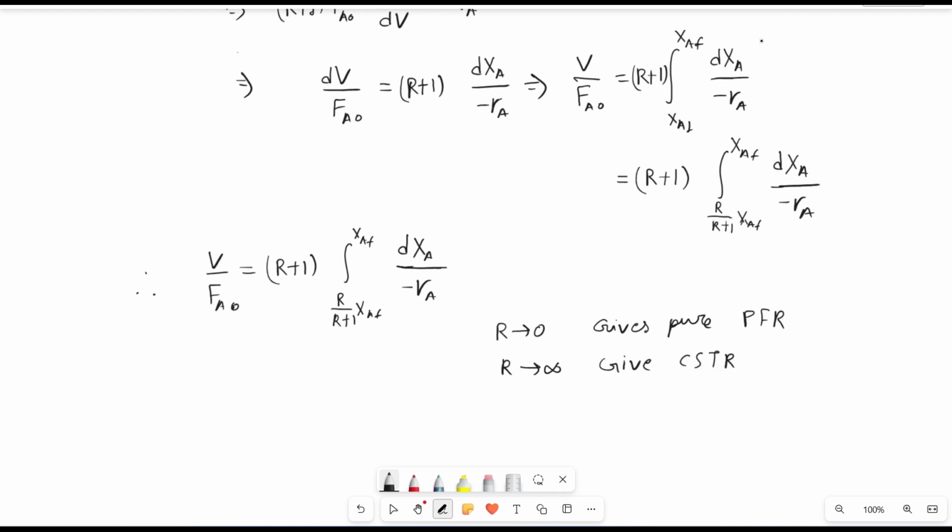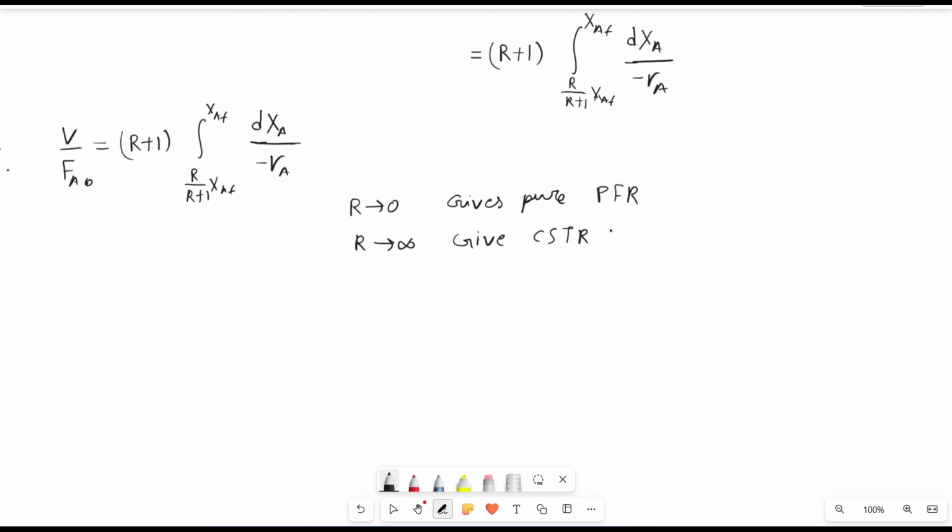If you take the limit as R tends to infinity, there will be an infinity by infinity form, and using L'Hospital's rule you will get V by FA naught equals XA final divided by minus RA evaluated at XA final, for R tending to infinity.